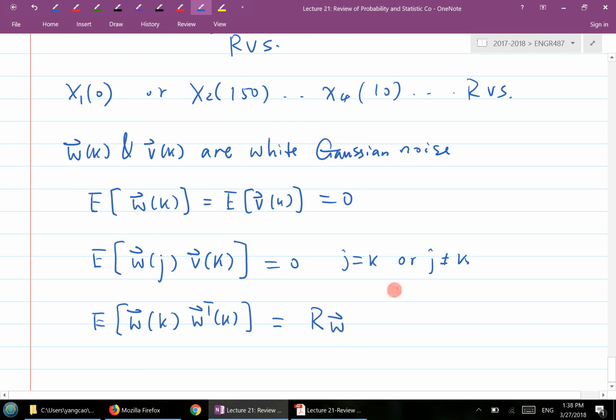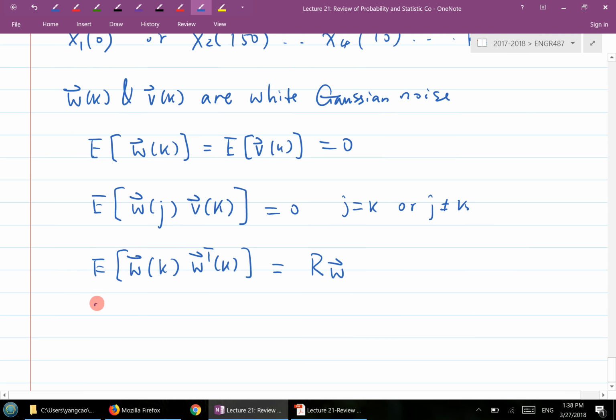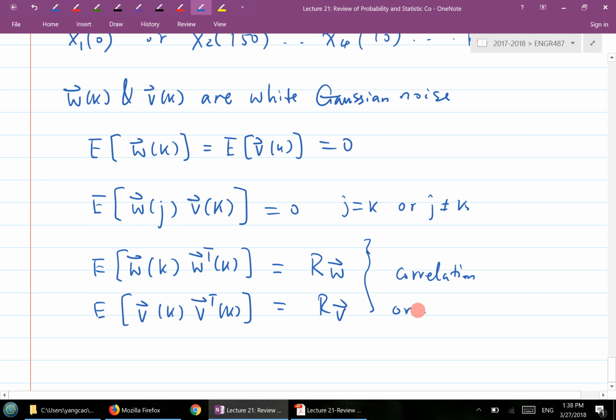You can also calculate V and Vk, and you get another matrix. These two matrices we call the covariance matrices, and this matrix is often something we give to the system for simulation, and even for implementation.